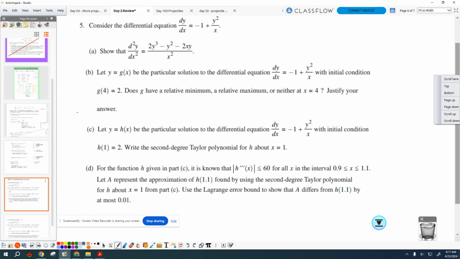Then you plug in. Makes it easier. It has 2xy right there, so that's what I'm doing. I'm putting x2 by dx. I'm making it look like the answer. Like legitimate.